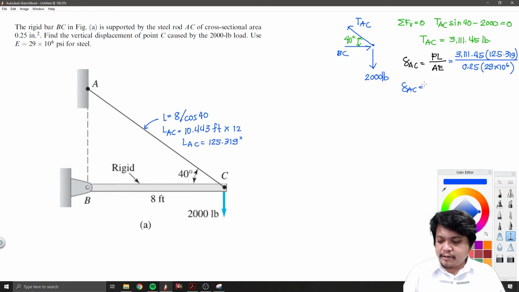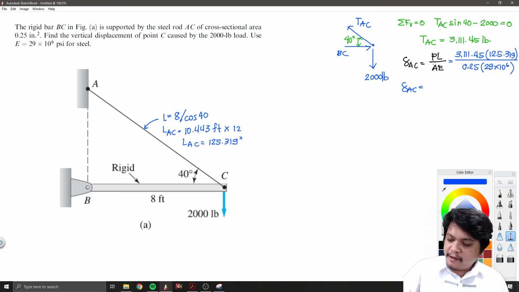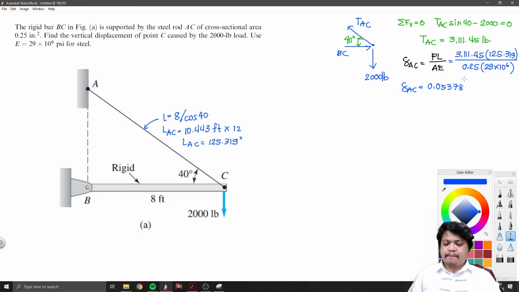So, that's 3,111.45 times 125.319 all over 0.25 times 29 times 10 to the 6. Okay? So, you will be having here deformation 0.05378. Okay? Kaya lang, tingnan natin kung paano siya ma-deform.